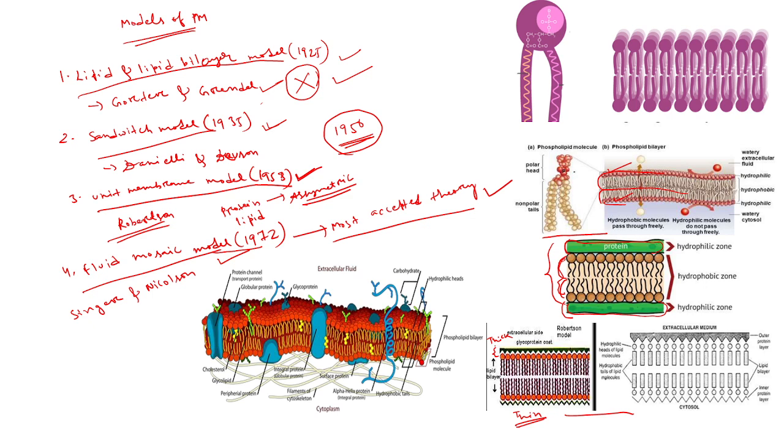So if in the exam it is asked which is the most accepted theory, or which is the latest theory about the plasma membrane model, the answer will be the fluid mosaic model, discovered by Singer and Nicholson, and this is the structure of the fluid mosaic model. That means nowadays whatever we know about the plasma membrane, it is according to the fluid mosaic model. So now come to the extensive study about the fluid mosaic model.